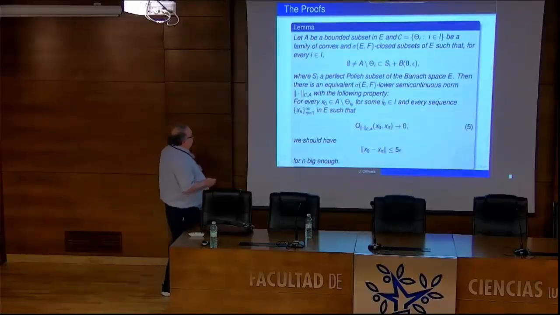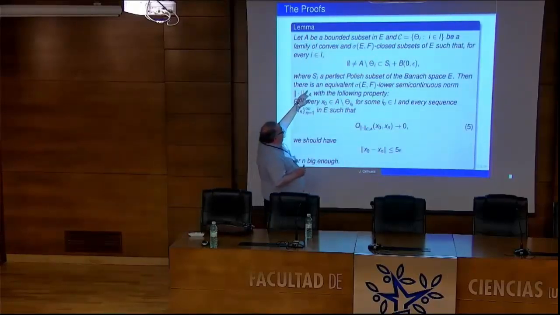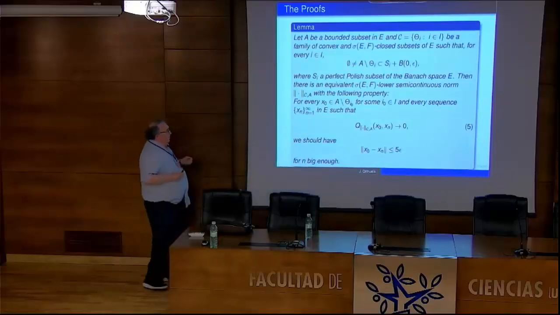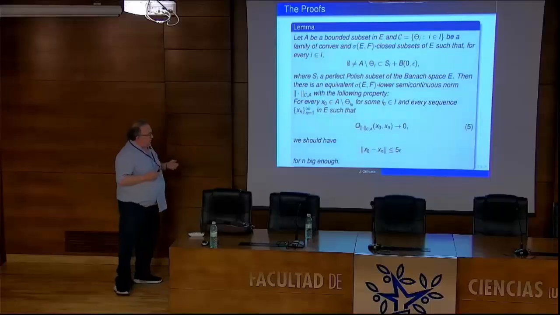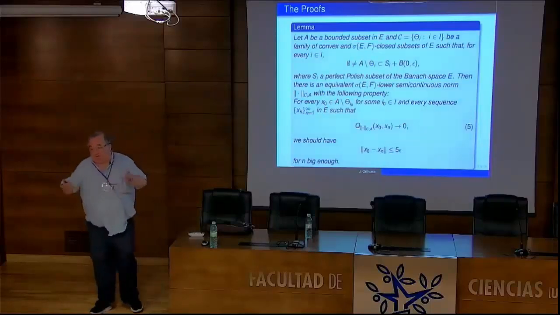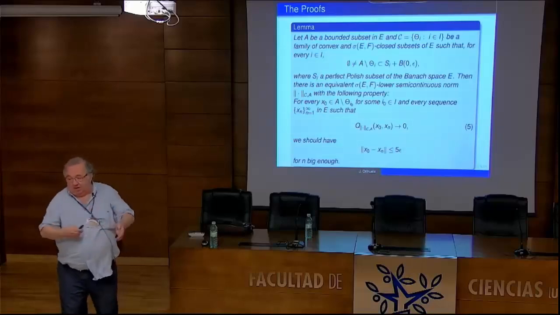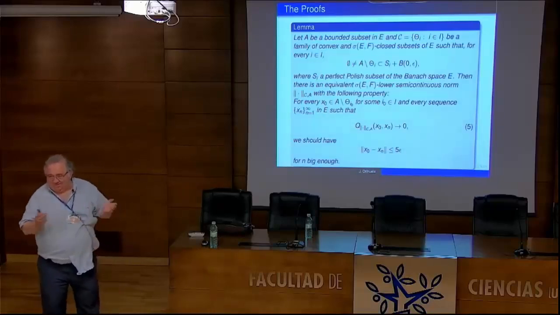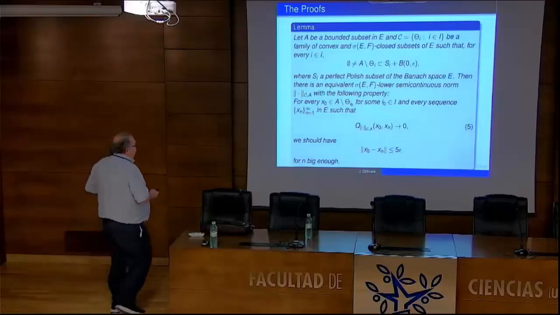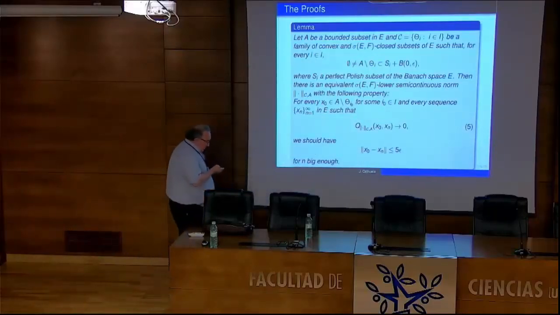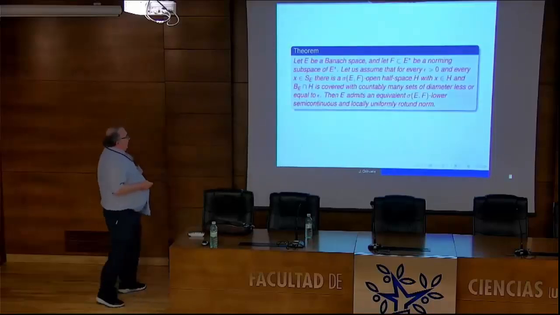Now it's a different proof, completely different. The same, but now the slices are epsilon near of a perfect polysubset. Perfect: a linear combination is perfect. There are no isolated points. So if you have this, again, we have the same theorem.